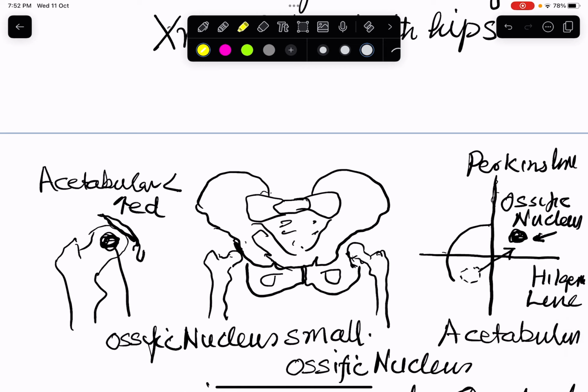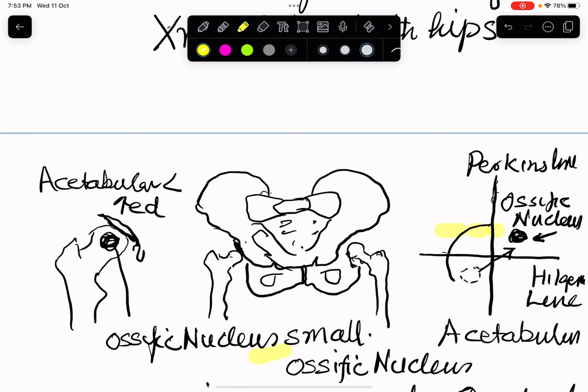I expect that if I draw the Perkins line from the edge of the acetabulum, and a line joining the two triradiate cartilages, which is the Hilgenreiner's line, then the ossific nucleus will be in the outer and upper quadrant, not in the lower and medial quadrant.